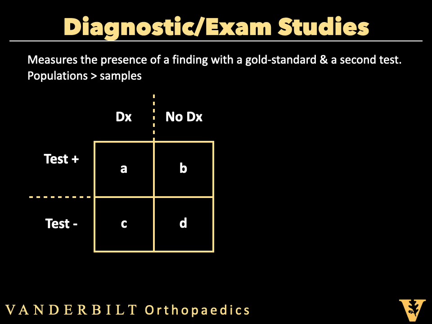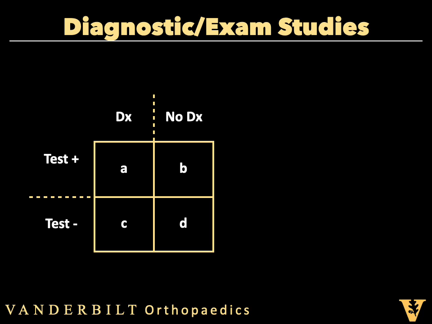Well, when you look at a population of individuals who are coming into your office with complaints of shoulder pain, then you can potentially perform that test and see what the test characteristics are. So let's in fact do that.